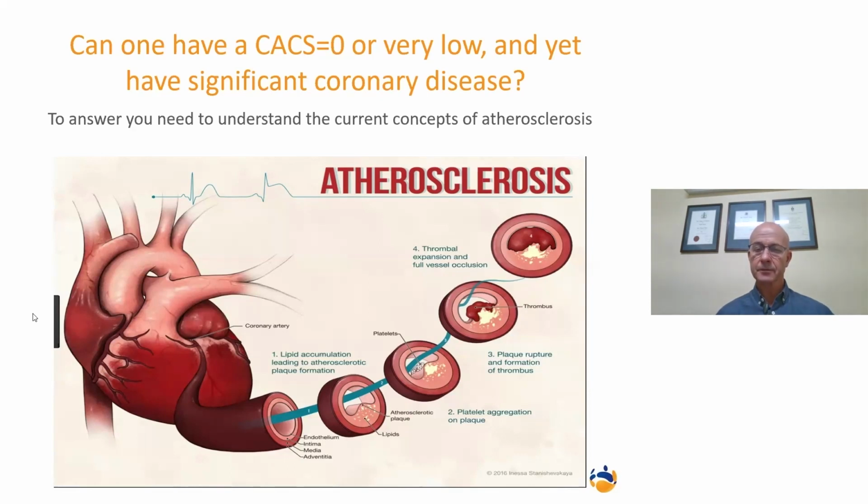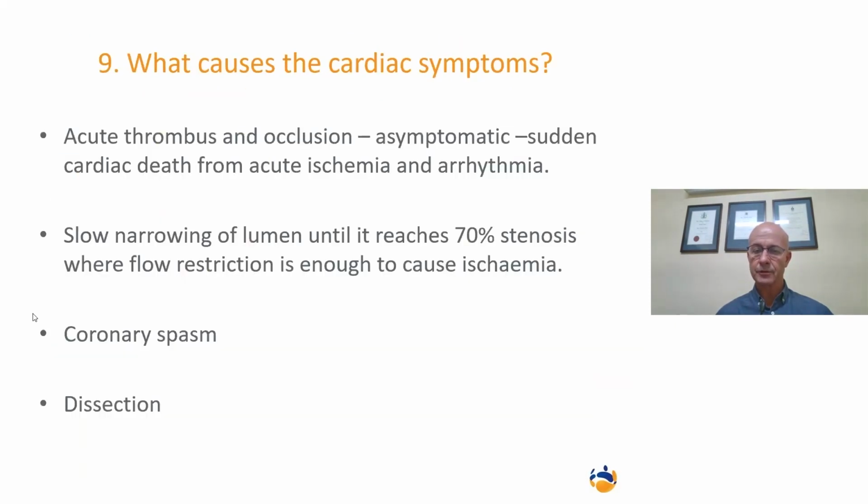Lots of other cells, macrophages, other inflammatory cells are associated with this disease, and the disease progresses from a fatty streak to a thin-capped, soft, vulnerable plaque, and finally, after many years, to a stable calcified plaque, and that is what the calcium score is picking up.